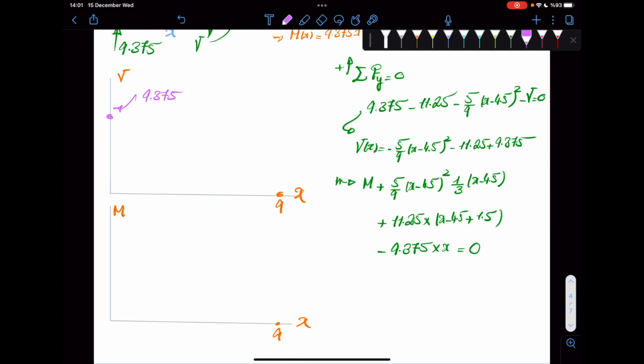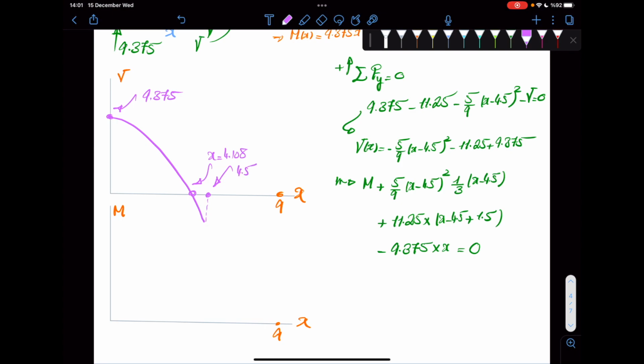So you basically have a function which looks like this. This is where V is 0 and x is 4.108. And let's say it comes up to here where x is 4.5.